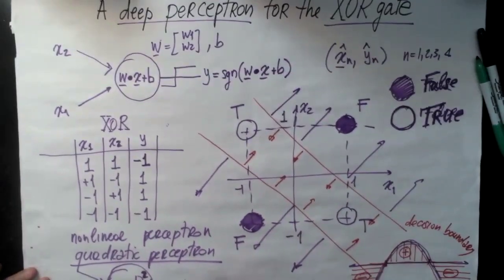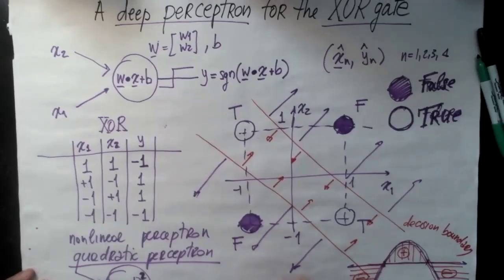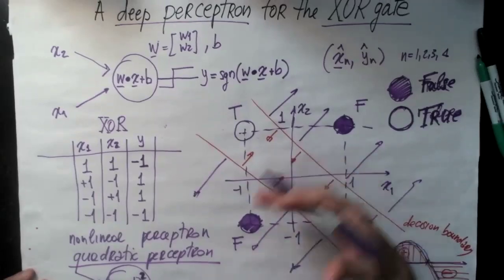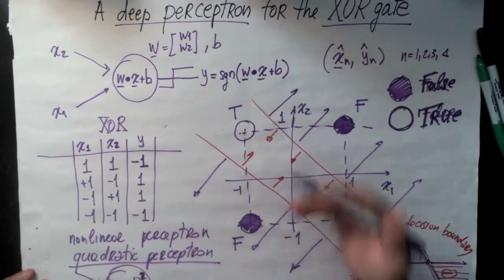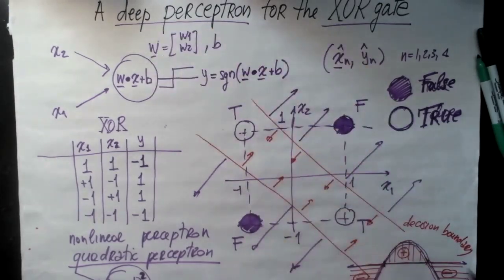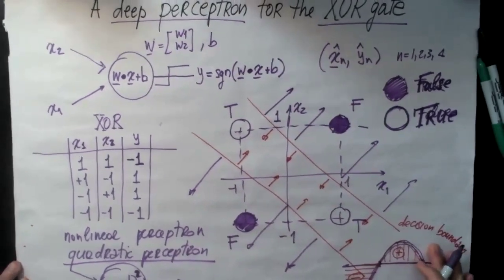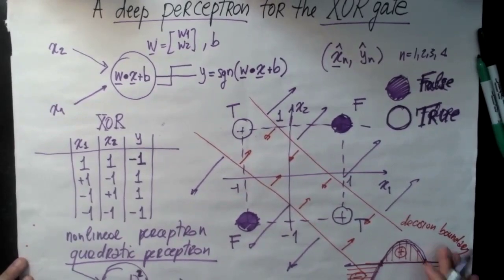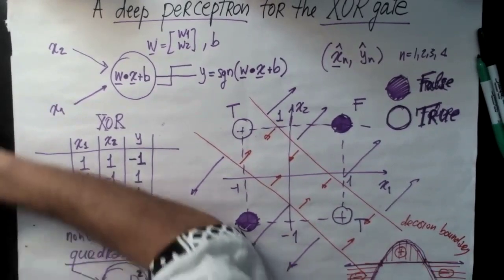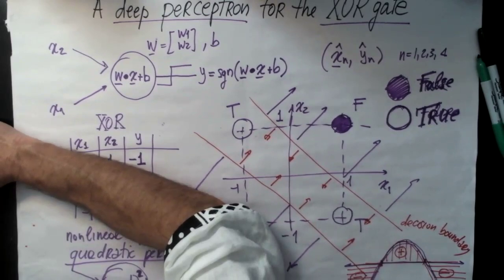However, we can formulate the same problem in a different way that basically leads us to the concept of a deep perceptron and neural network, and that's what I'm going to do in the following.